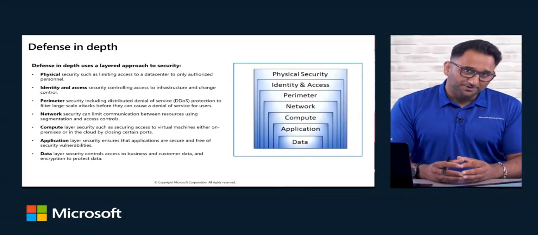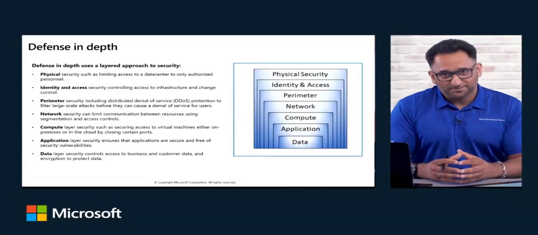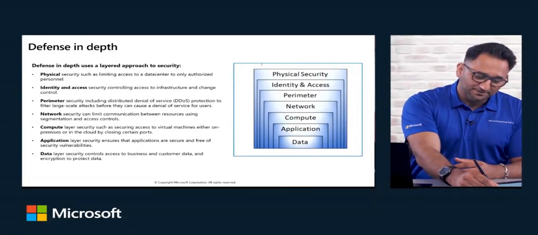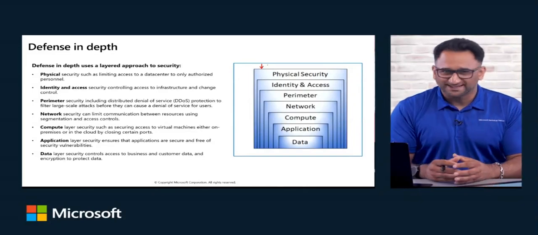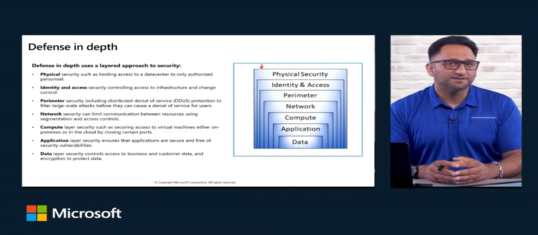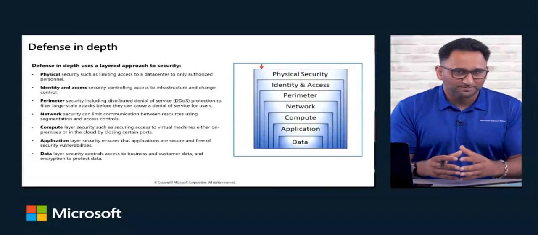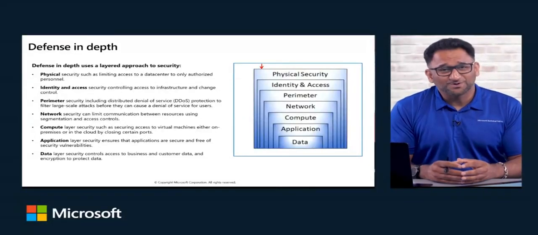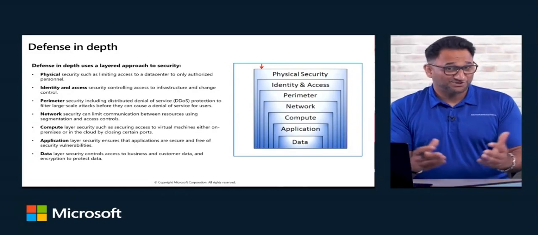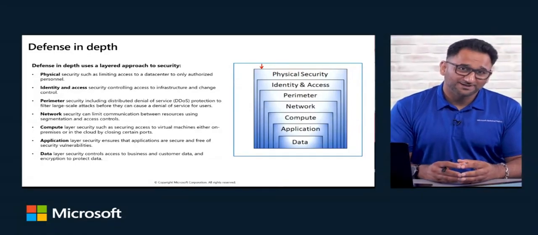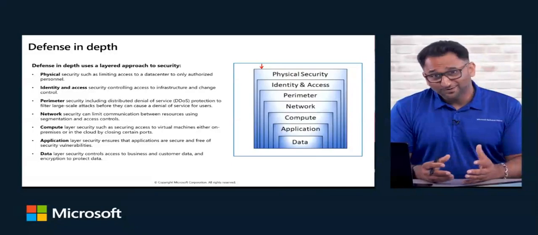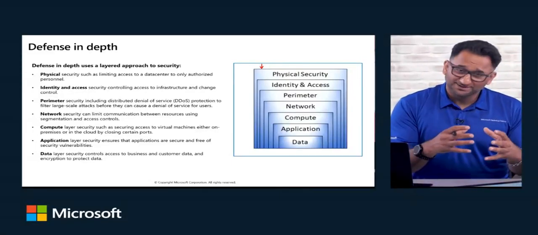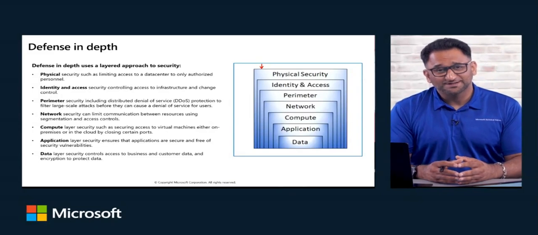Now, within this layered approach, we'll look at different areas where we can implement security. When we start talking about physical aspects, we'll look at all of the data centers that we have and how people can come or try to get closer to our data centers. If I was to go to one of our data centers and just turn up without booking myself in for any particular reason, I wouldn't be allowed in. I'd be turned away. This is where our security on these data centers is very strict.